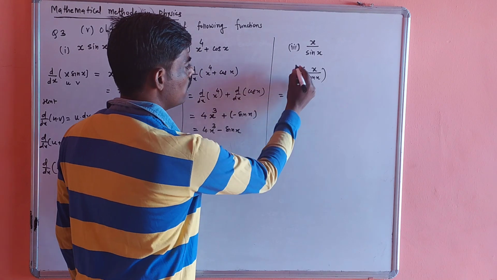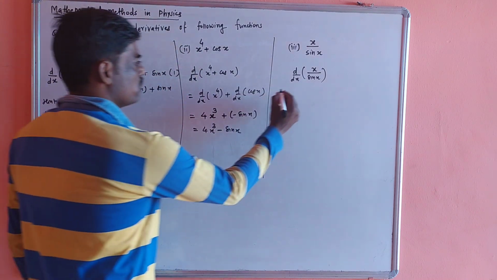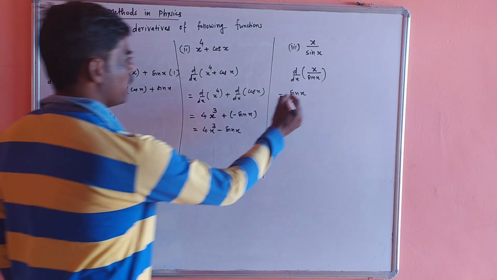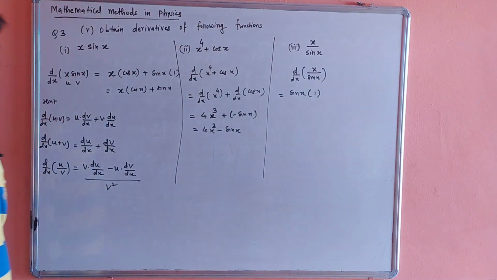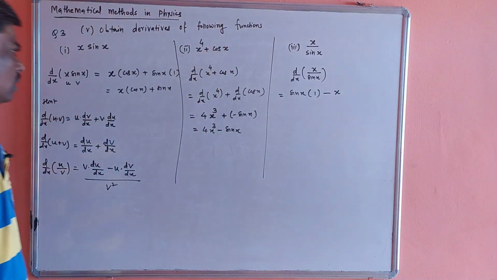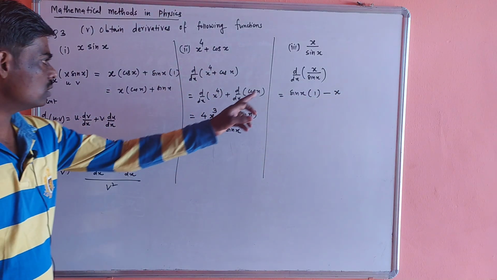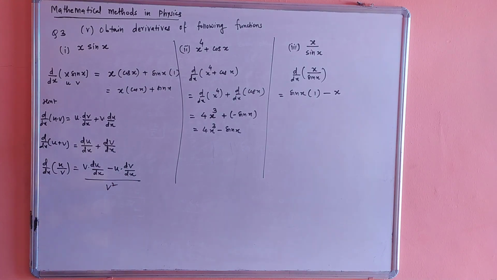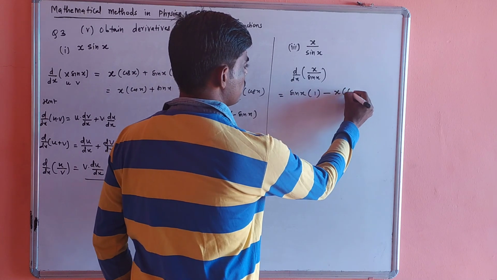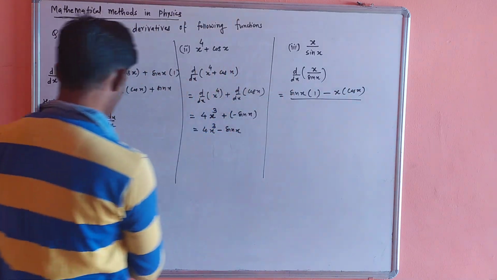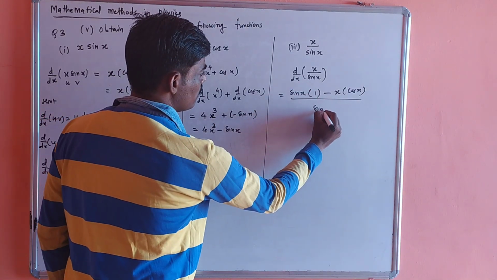Apply this formula here. v is sin x, then the derivative of x becomes 1, minus x, the derivative of sin x is cos x, divided by v square, which means sin square x.